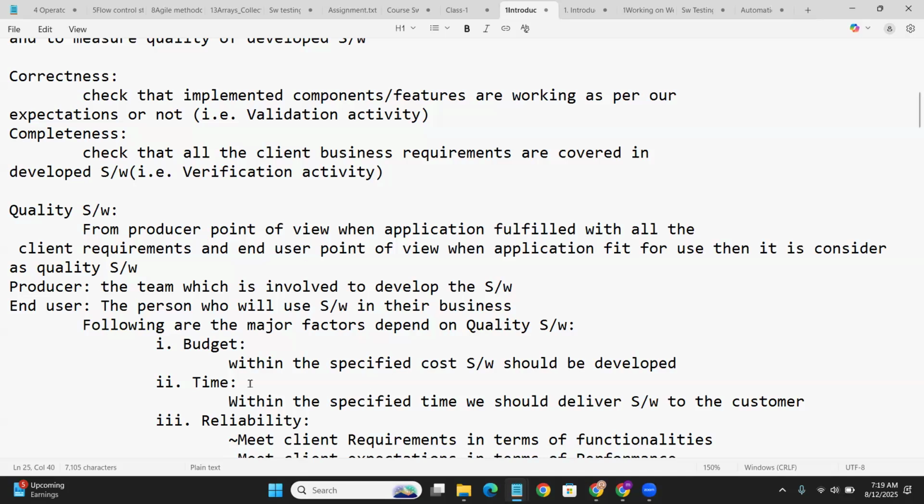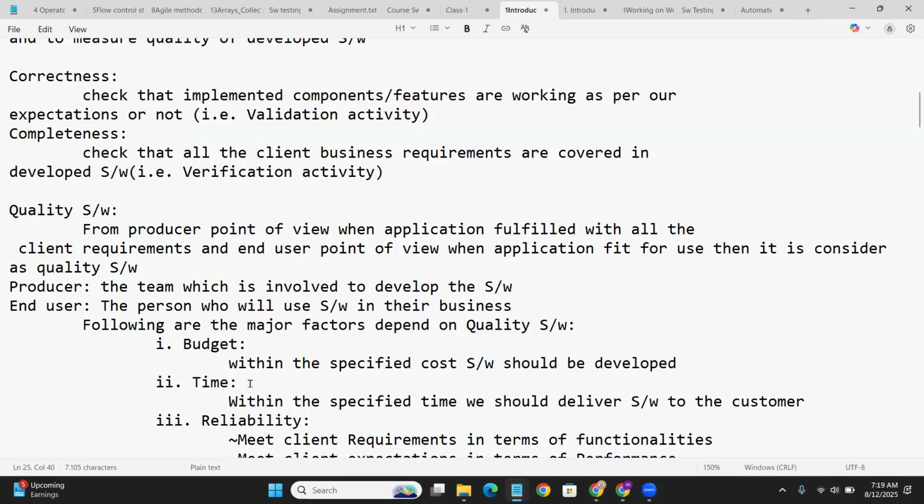However, some major factors affect the quality of the software. One is budget. When you start developing software, there will be agreements with the client on how much cost we are going to take, so make sure we develop the software within the specified cost.